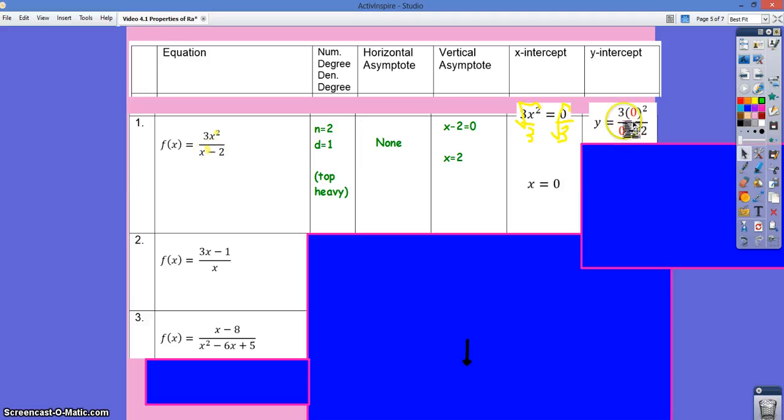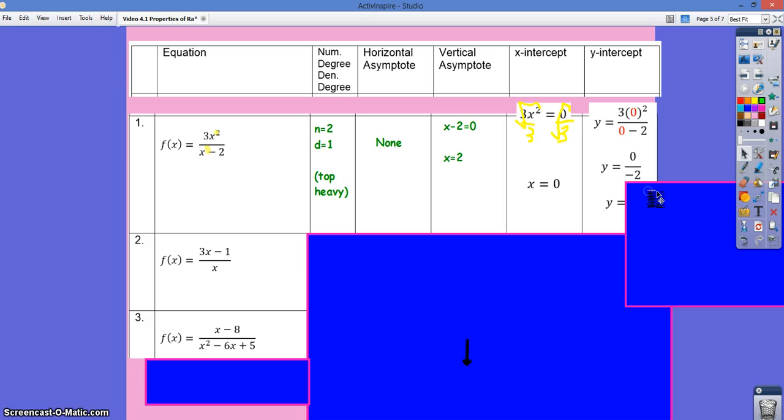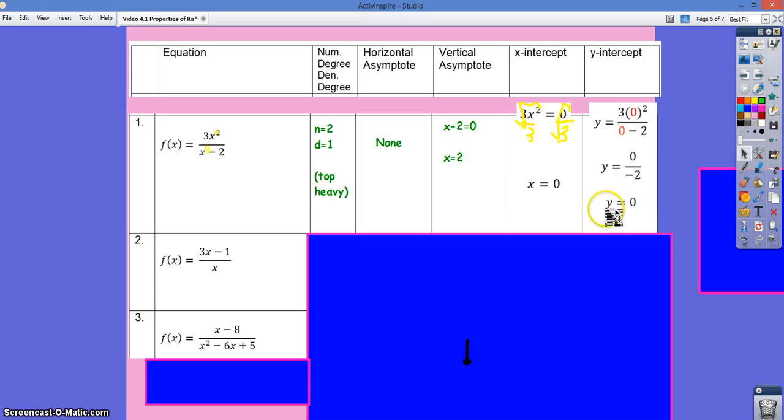Now, if I simplify this, 3 times 0 squared, well, 0 squared is 0, times 3 is 0. Now, what do I get in the denominator? 0 minus 2. It doesn't matter what I get in the denominator as long as it's not 0. If we divide these two out, 0 divided by anything is going to be y equals 0. So we'll see that we have a y-intercept at 0.